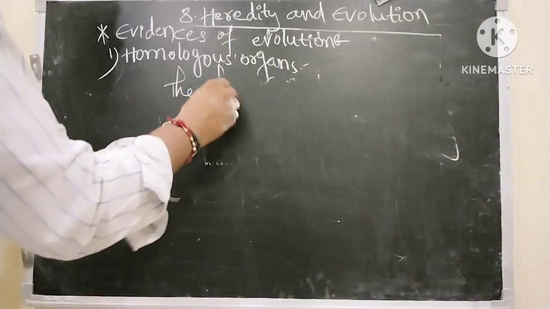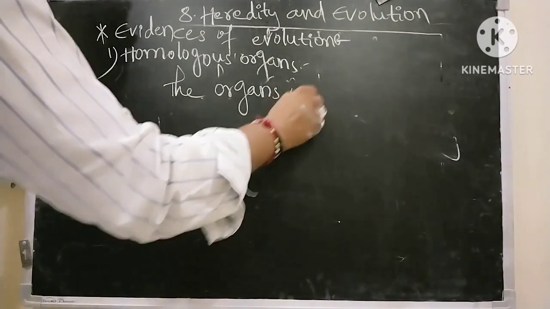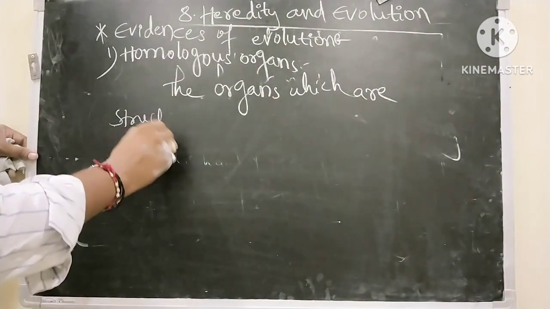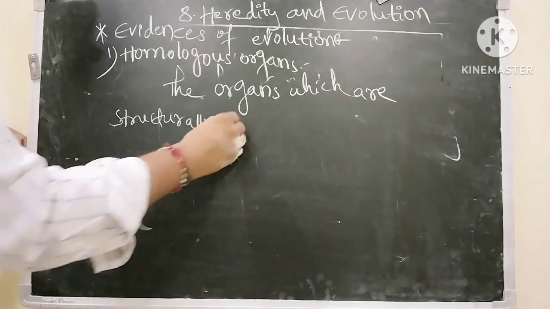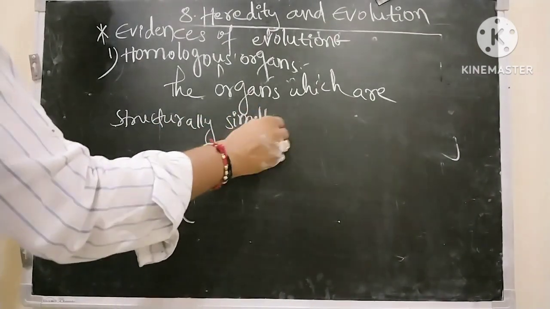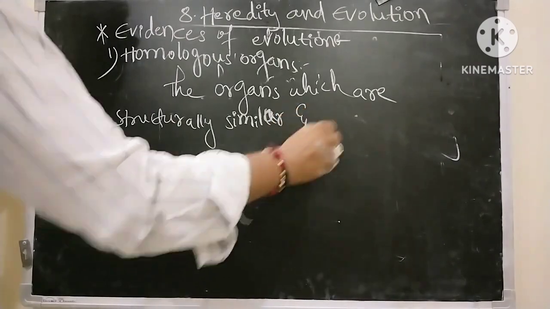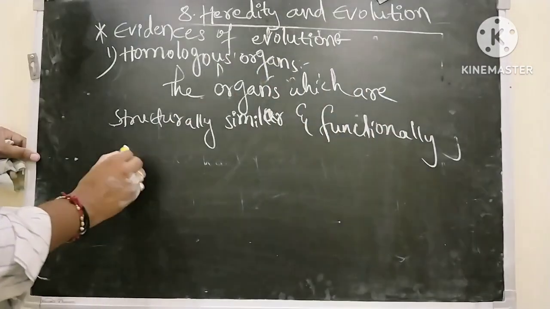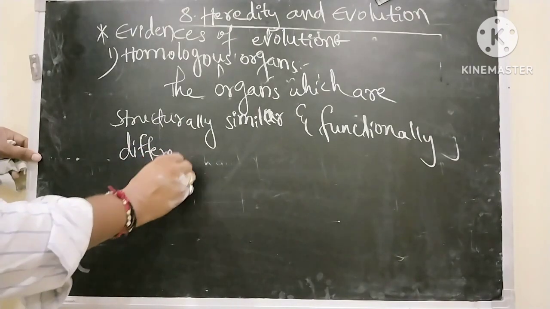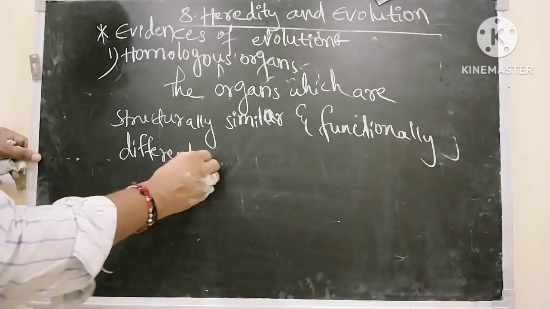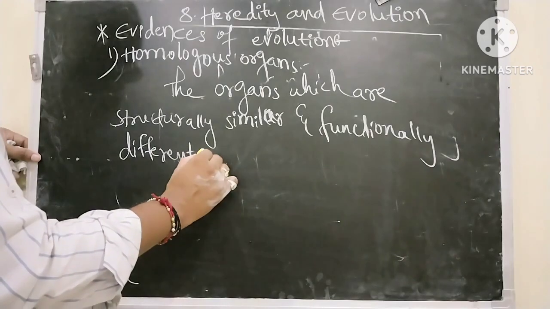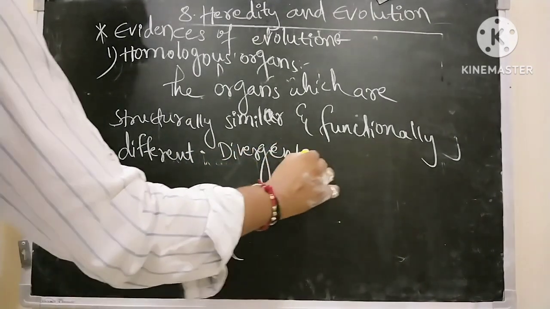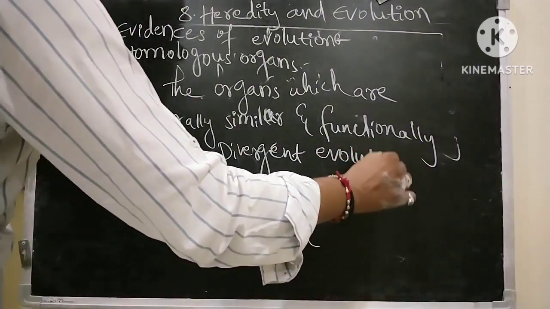The organs which are structurally similar and functionally different are called homologous organs, and this leads to evolution called divergent evolution.